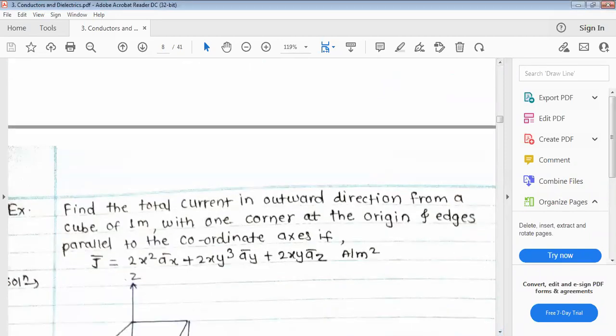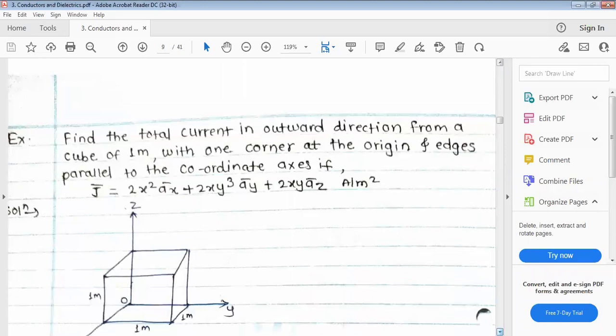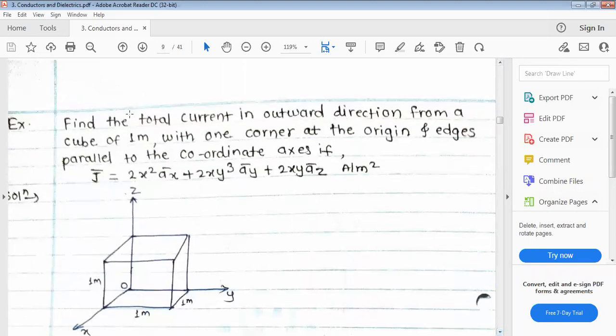So write down here one example. We first find the total current in the outward direction.